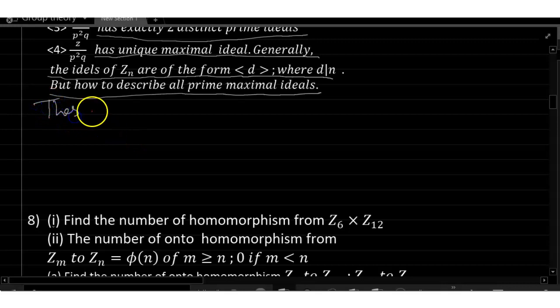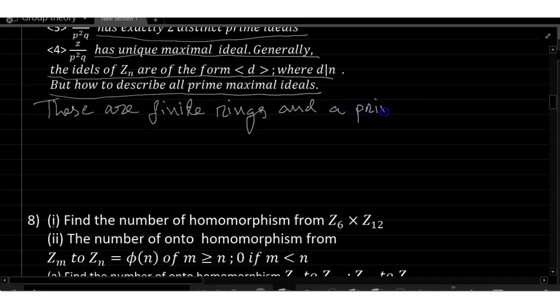These are finite rings, and a prime ideal is a maximal ideal.